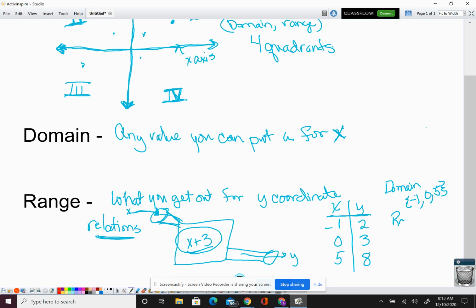The range is a set of numbers 2, 3, and 8, and just those. So I have a value of x that's in the domain. I have a value of y that corresponds to that x that's in the range. Okay?